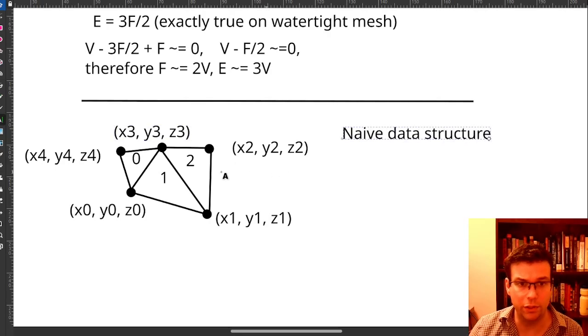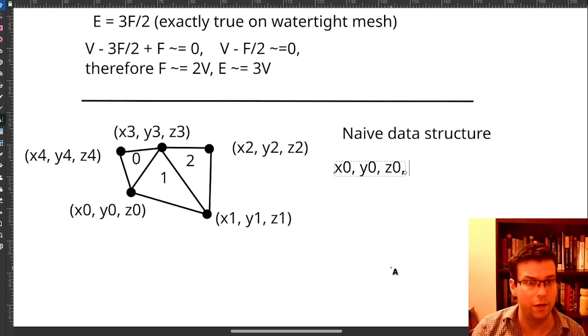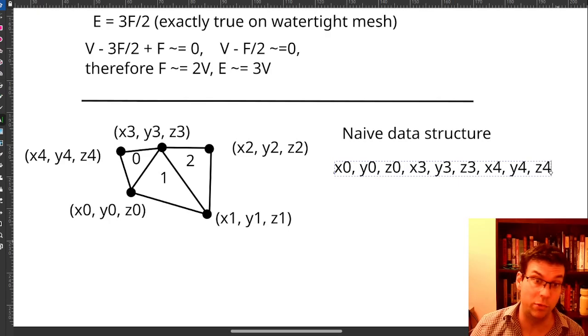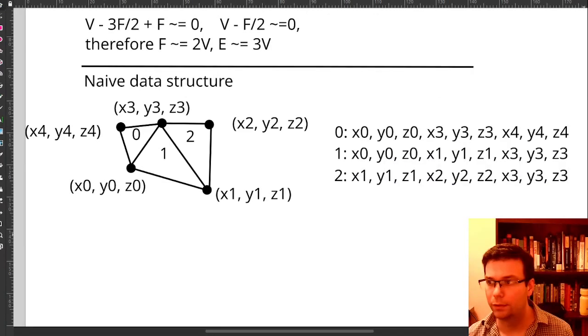What I'm going to do is just say, okay, for every triangle, let me collect all of the coordinates of the vertices that are involved. So to draw this first triangle, I'm going to need x0, y0, z0, and then x3, y3, z3, and then x4, y4, z4. And then I'll keep doing this for the rest of them.